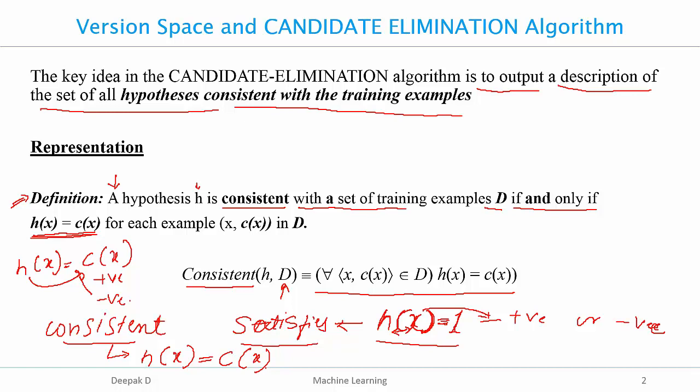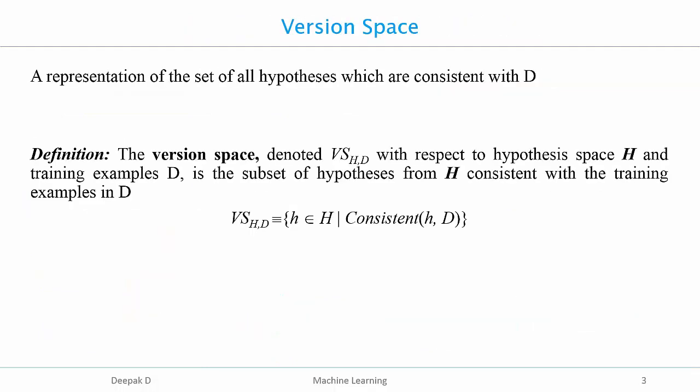Next we shall see the basic definition of version space. Remember, the candidate elimination algorithm represents the set of all hypotheses which are consistent with your observed training data.